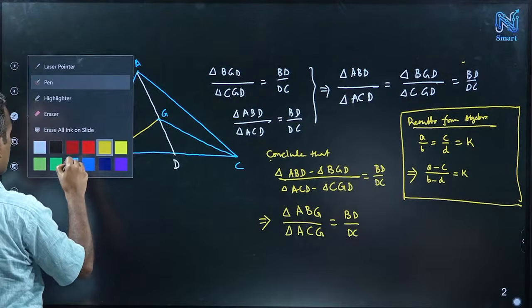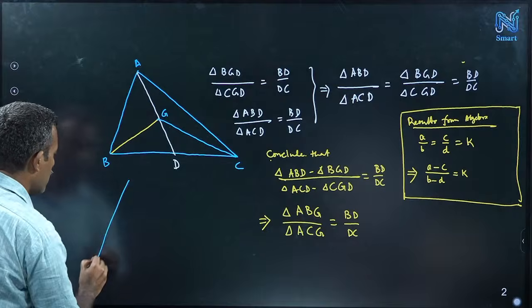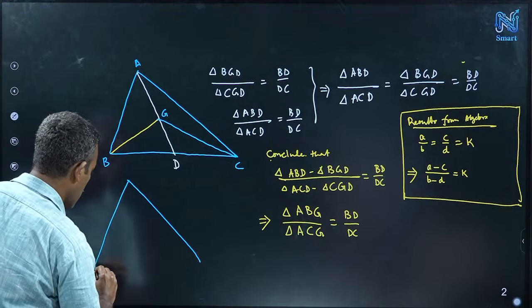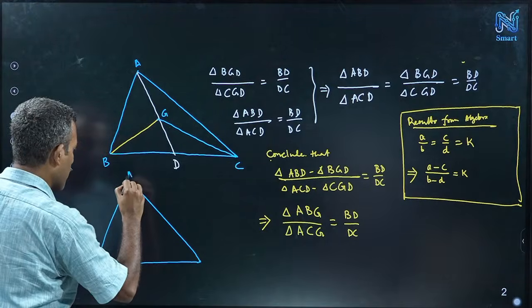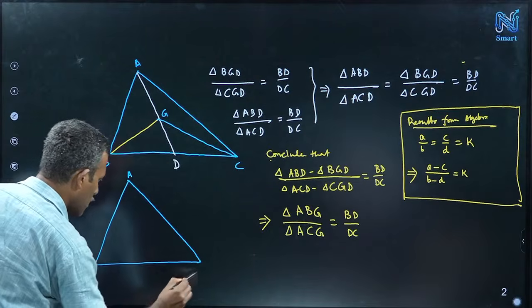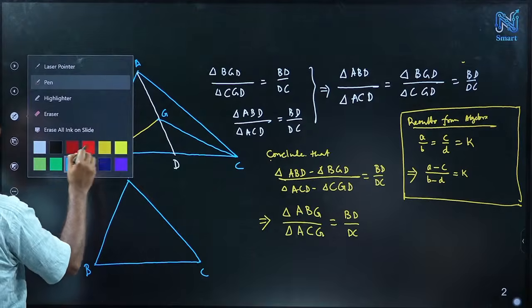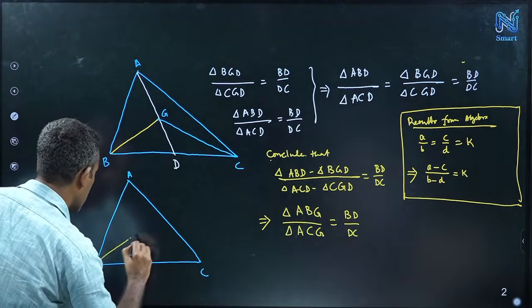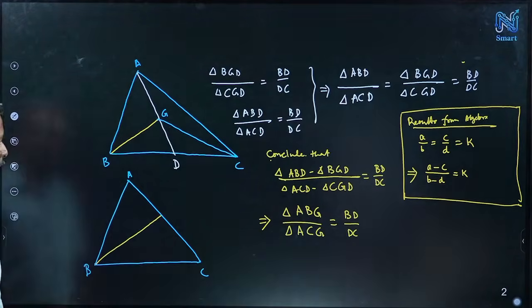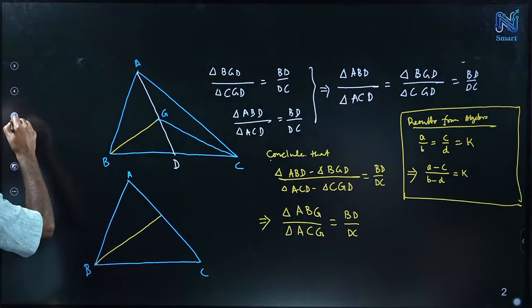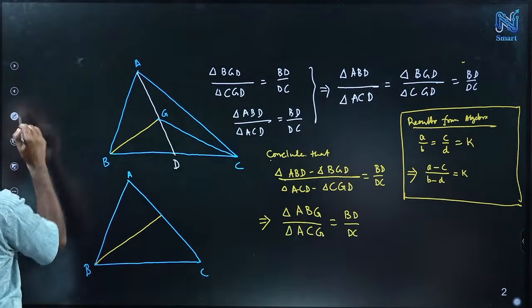Same figure, same ABD, ABC, same triangle. Now we extend this part, and G is the same point.